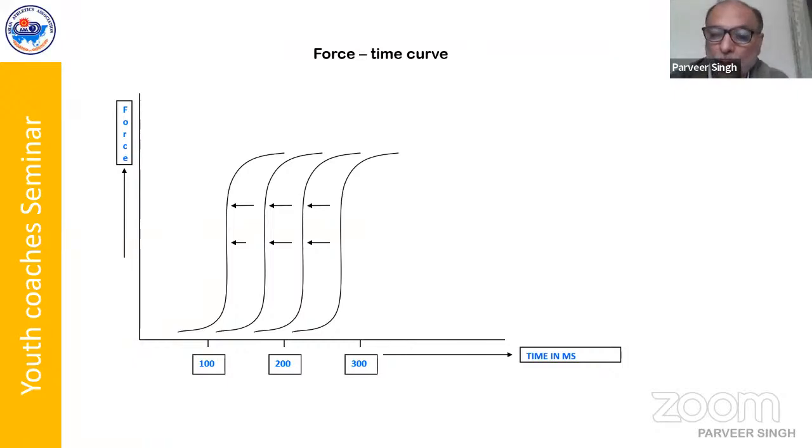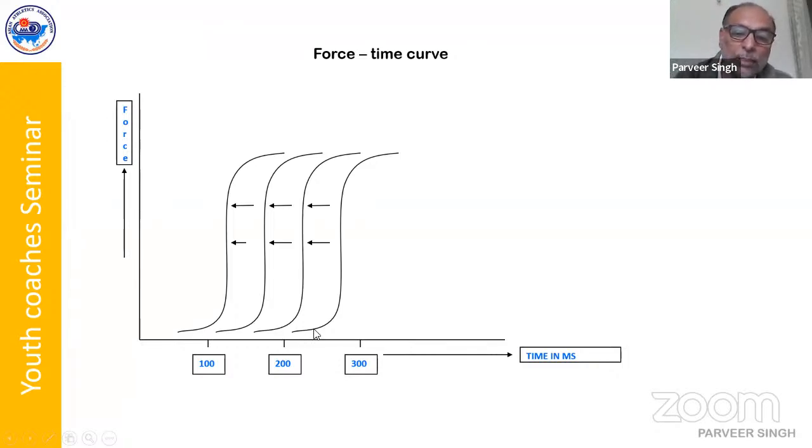So after this, we will move on to the next mesocycle, where we will convert that strength ability into speed strength, into explosiveness, or we will add some speed. You can see this is not exactly the biomechanical curve, but just to show you, the vertical axis is force, and the horizontal axis is time.